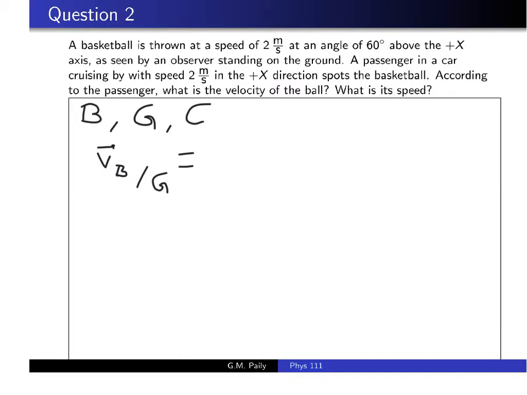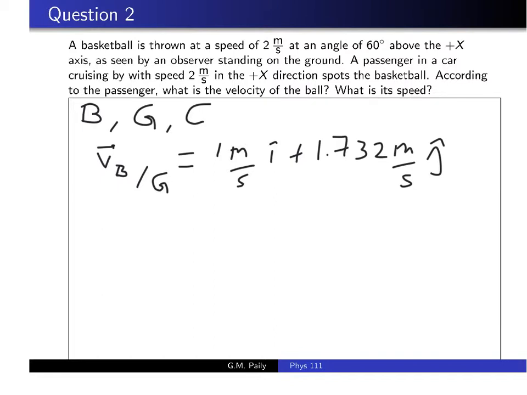is given by this expression, where we have simply taken the x and y components of the velocity. We get 1 meter per second from 2 meters per second times cosine 60 degrees, and this from 2 meters per second times sine of 60 degrees.